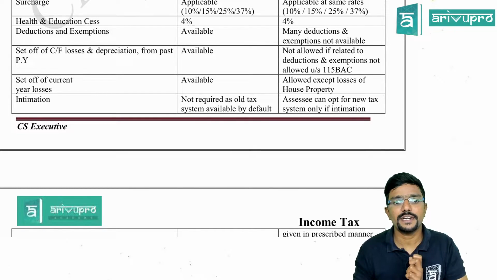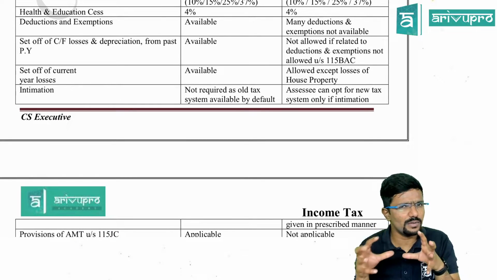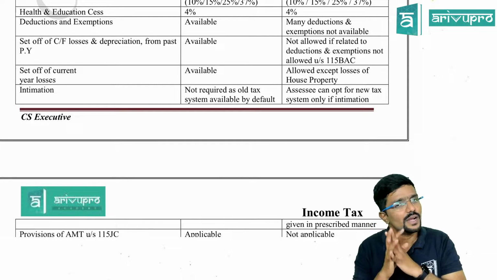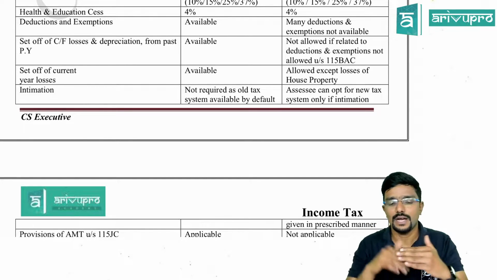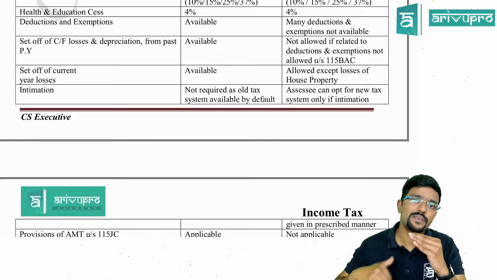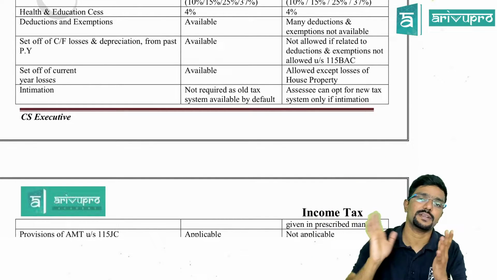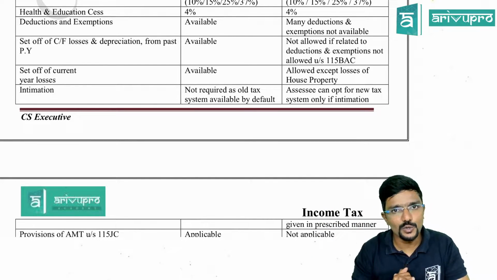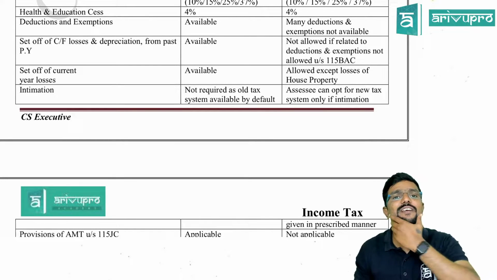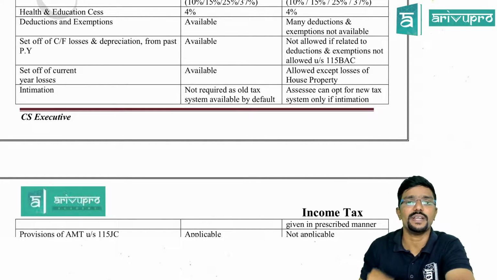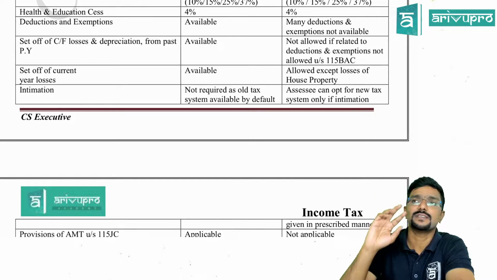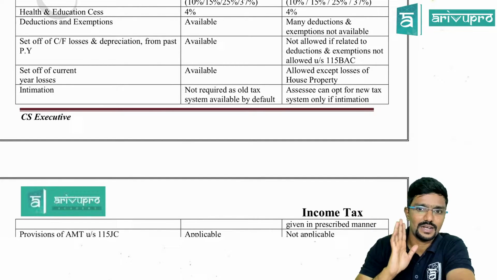Same way, set off of current year loss. Normally, if there is any current year loss under the old scheme, we can set it off either under the same head or against other heads of income. Whereas under the new scheme, if you have any loss under the head house property, you cannot set off that loss against other heads.